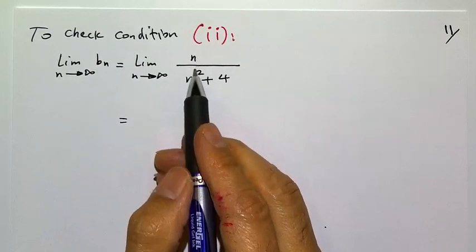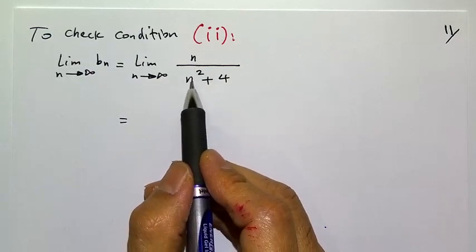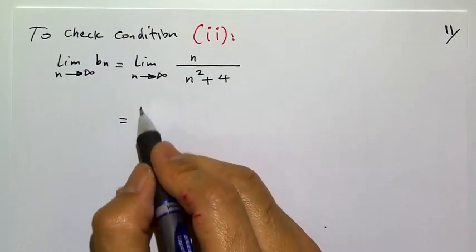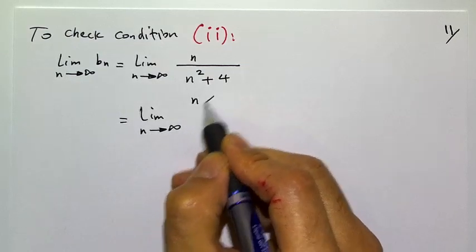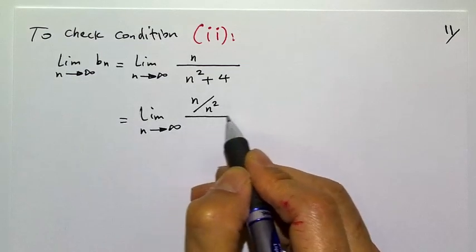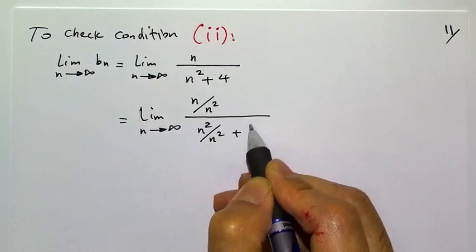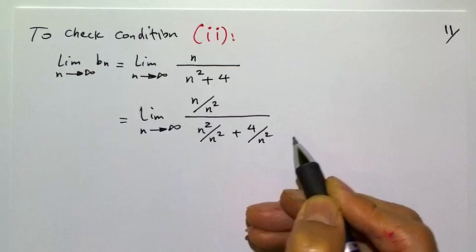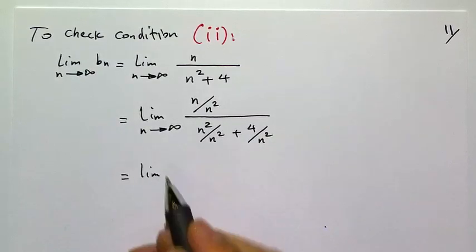Let's divide all the terms here by the highest power of n in the denominator, which is n squared. So we have n divided by n squared over n squared divided by n squared plus 4 divided by n squared. So what do we get? Let's simplify first.